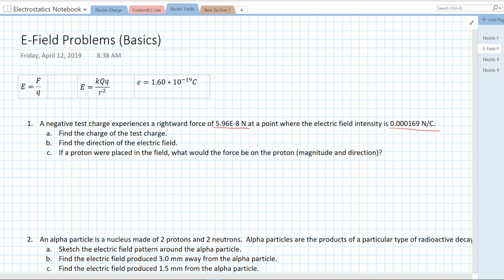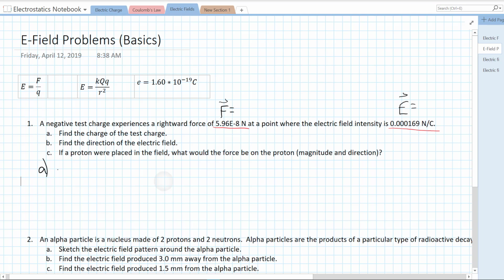So let's solve for part A first. Part A asks us to find the charge of the test charge. Well, we know the force on the charge, and we know the electric field intensity, that's capital E. These are both vectors.